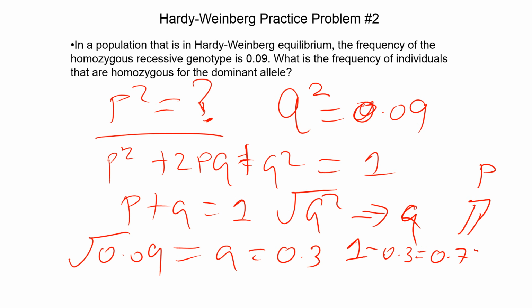So we take 0.7 and square it, and we get 0.49. So 0.49, or 49% of the population, is homozygous dominant.